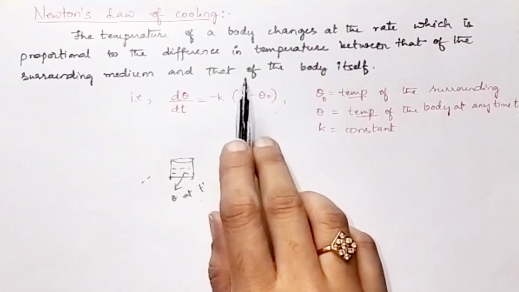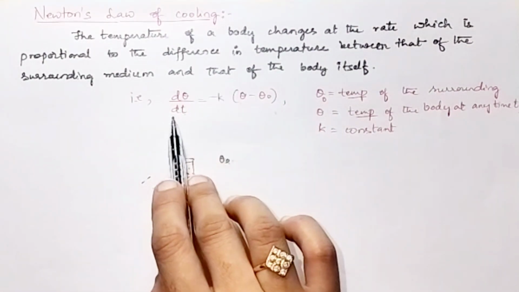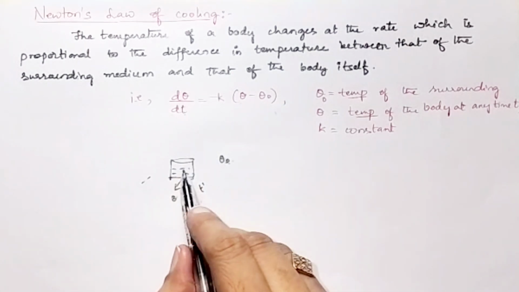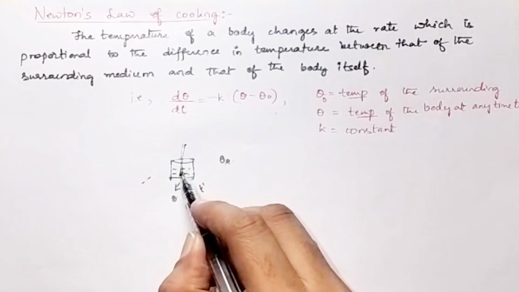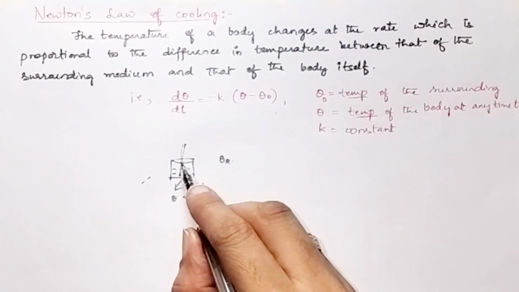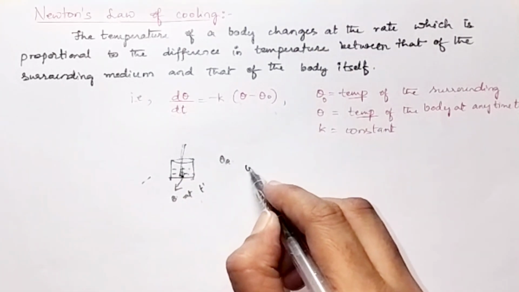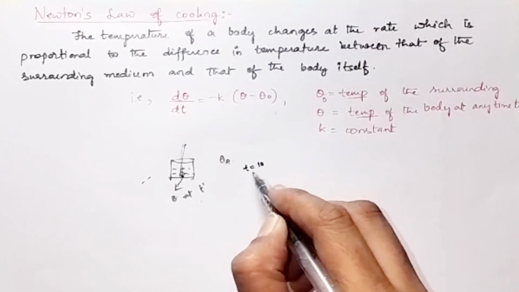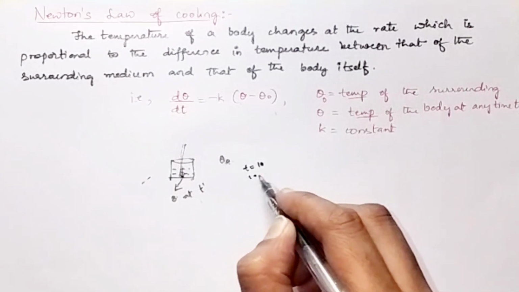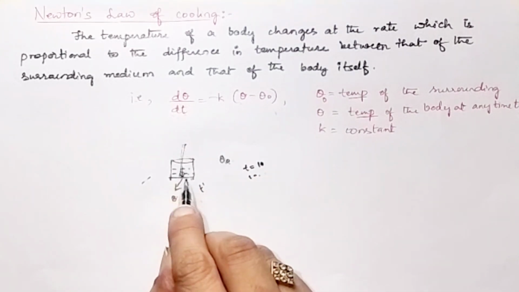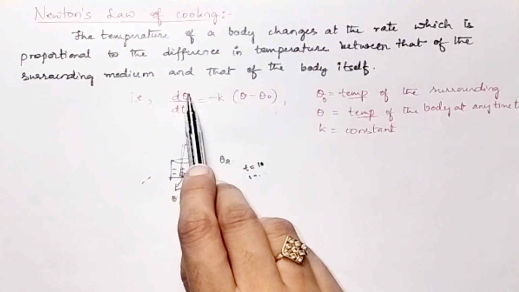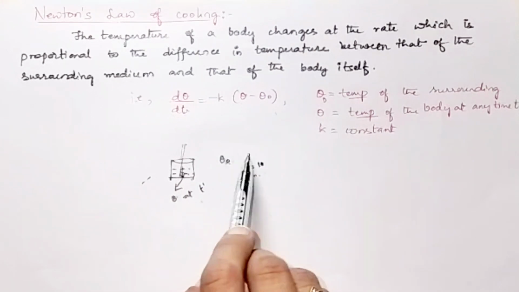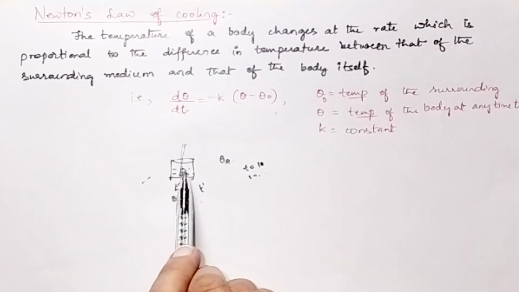Now the use of this expression from Newton's law of cooling is that, suppose you have hot water here and you have placed a thermometer within it. You would have to record the reading after every 10 minutes, 20 minutes, 15 minutes, to see the temperature, because it is cooling down. But if you have the expression for theta at any time t, there is no need to check the readings every time.